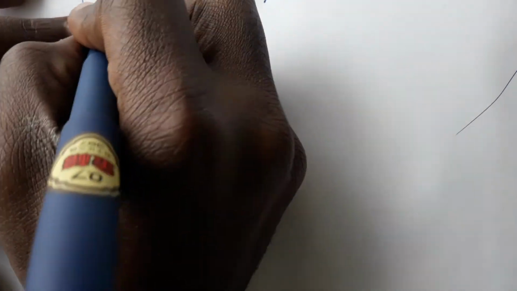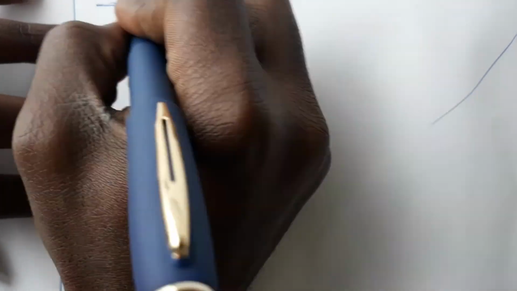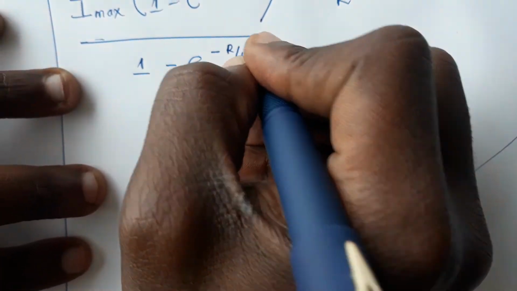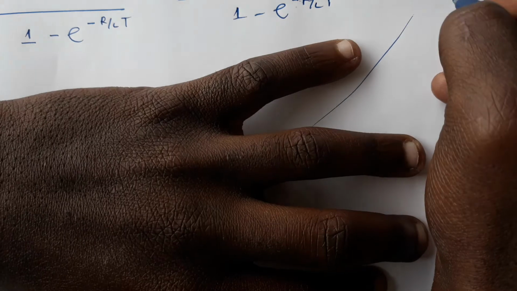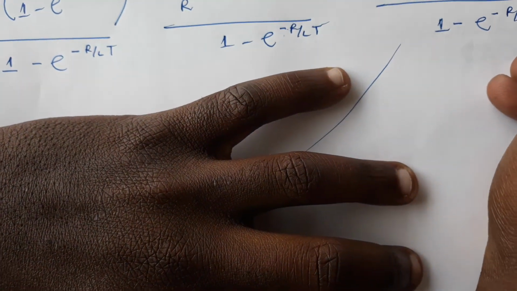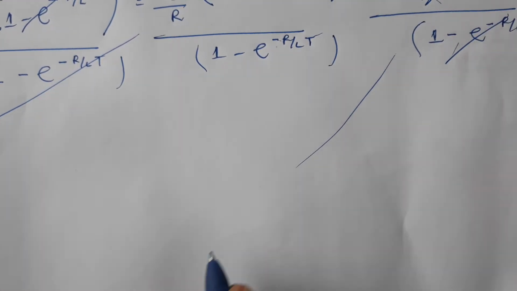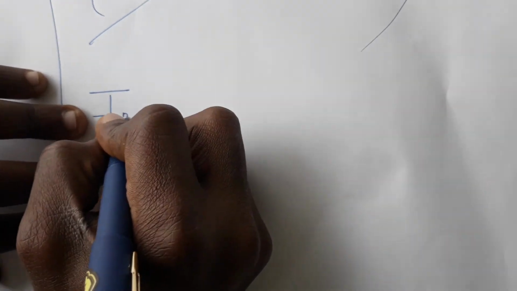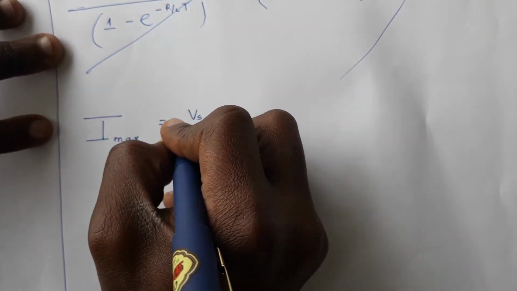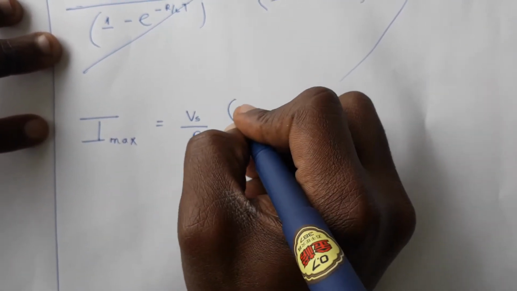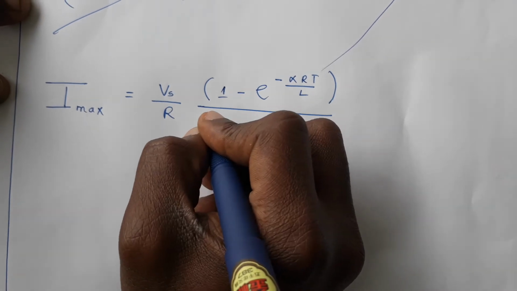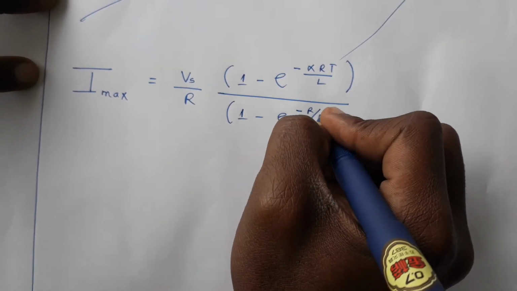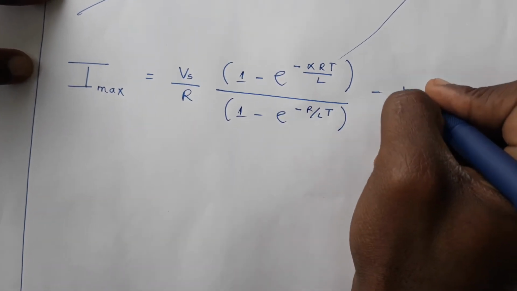Then dividing both sides with this term, you see this and this are the same, so they go, so you have an expression as Imax equals Vs over R, 1 minus exponential minus alpha R T over L, over 1 minus exponential minus R over L T, okay, minus E over R.